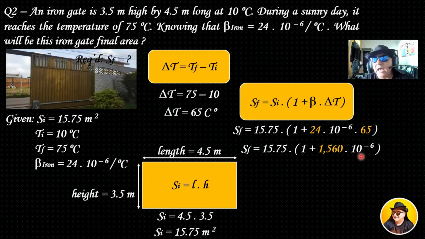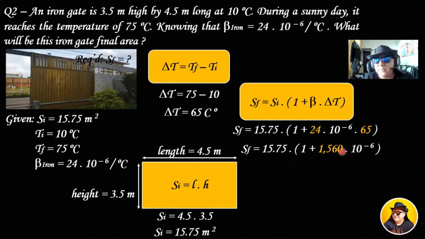Okay, so I have the final surface is 15.75 times 1 plus 1,560 times 10 to minus 6. What it means is that I'm going to move the point 6 spaces to the left, because I have here minus 6. So the point is right here.